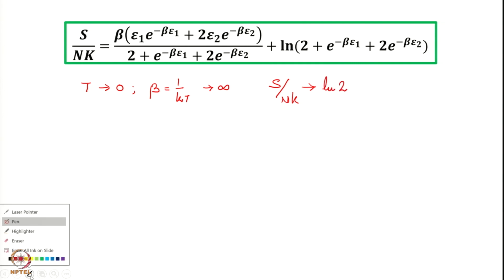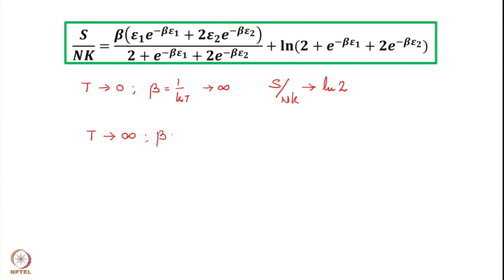Now the second one is when temperature approaches a value of infinity, then β is equal to 1 over kT, which will approach a value of 0. That means we have β equal to 0, so that will set everything equal to 0. No contribution from the first term.